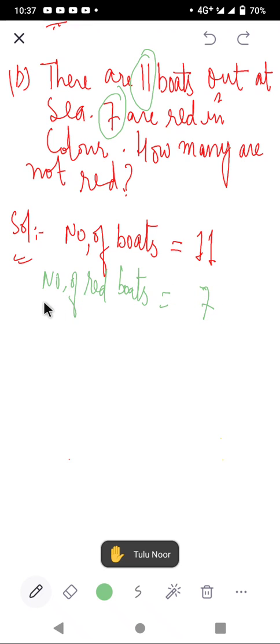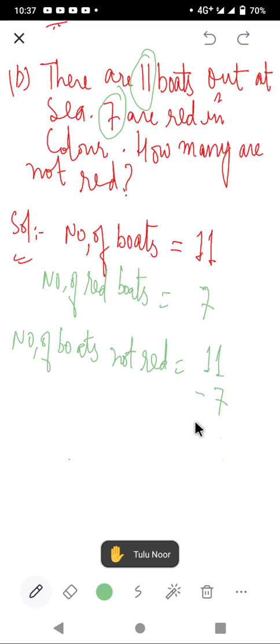So how many are not red? We will take out red boats from the total number of boats, then we will get the boats which are not red. We will subtract 7 from 11. Number of boats not red: 11 minus 7, we put 7 at the one's place.